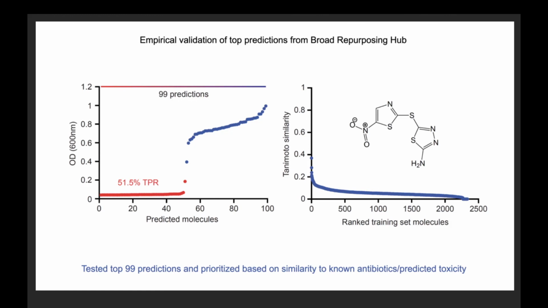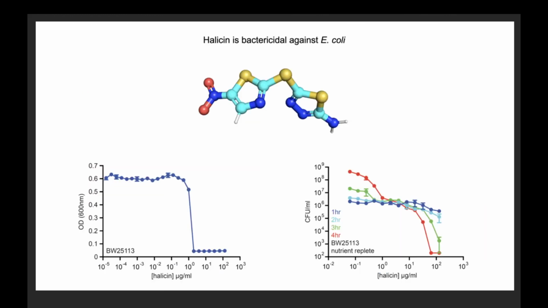So given that we observed this molecule that was strongly predicted to be antibacterial, it validated in the lab, and it didn't look like any conventional antibiotics, we wanted to explore its biological properties a little bit further.